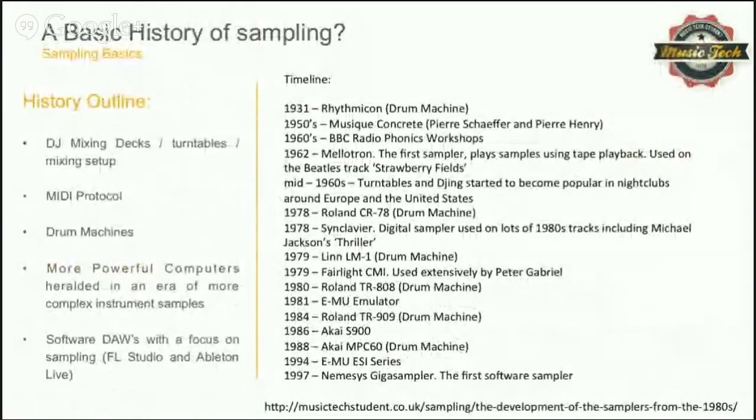So, a basic history of sampling. I've highlighted 5 elements here, as well as this timeline on the right hand side. This idea of sampling really came a lot before DJing happened, but one of the big pushes forward was this idea that DJs would take a record and mix in other records, and then they started finding they could scratch it and reverse these and slow them down and do things with the record player or the tape decks, the decks in general, that manipulated and did weird and wonderful things with the actual tunes.